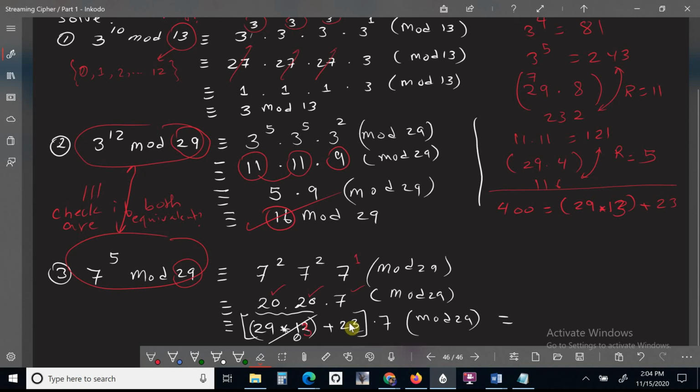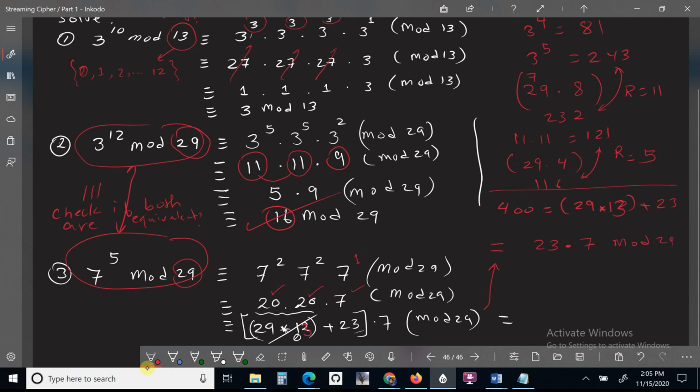So again, I'm starting at the top again. So let me just change the color. Okay, now here again, I'm starting here, so I'm moving all the way here. So then we have 23 multiplied by 7 mod 29.